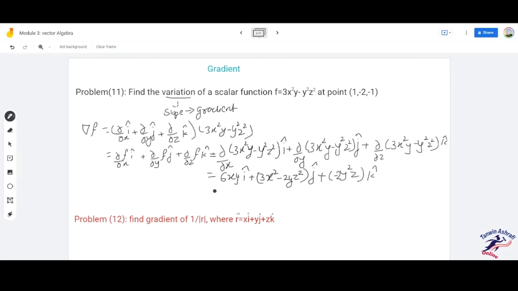So in place of x, write 1, in place of y write minus 2, and in place of z write minus 1. So 6 times x times minus 2 i cap, plus 3x² becomes 1 squared, minus 2y becomes minus 2, z² becomes minus 1 whole squared, j cap, minus 2 times y² which is minus 2 whole squared, z is minus 1, this quantity multiplied by k cap.